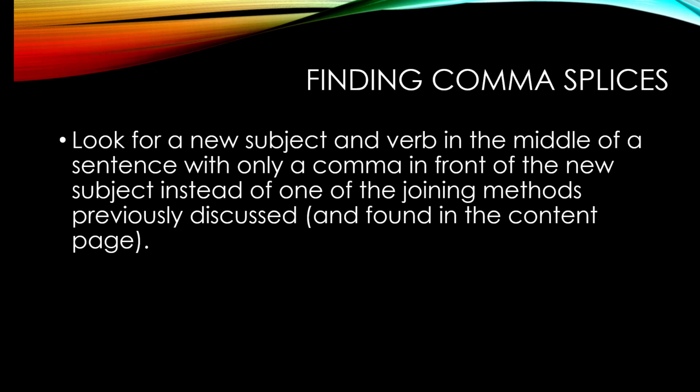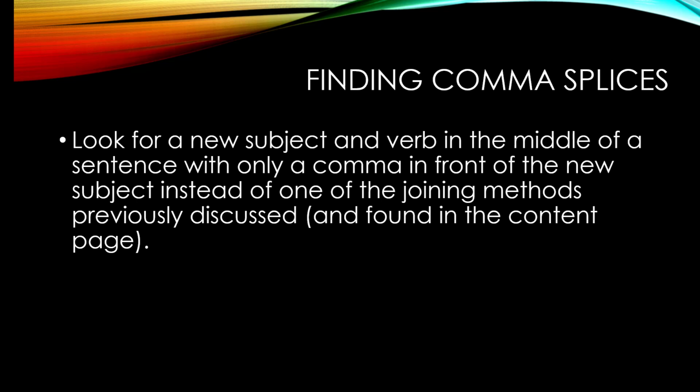Finding comma splices is the same as finding run-ons, except it's a little easier because now when you're looking for that second subject and verb, you're looking for a comma and a new subject and a verb. So the comma often is the signal that you've got a problem. That doesn't mean that every comma in your paper signals that there's a comma splice.